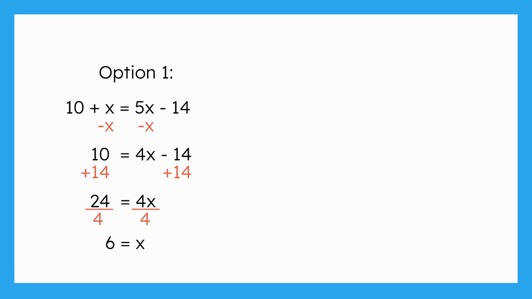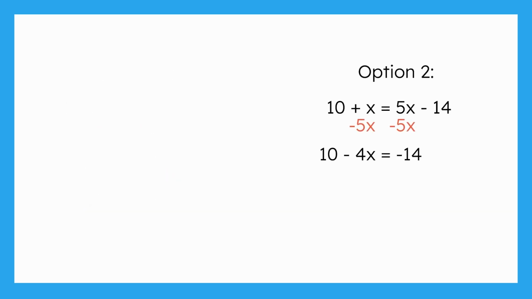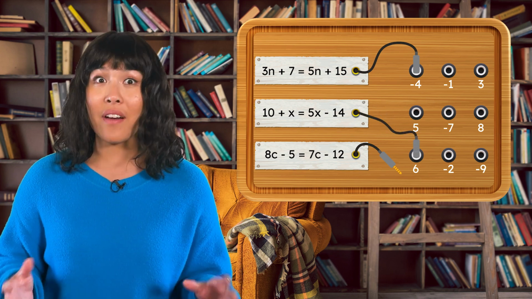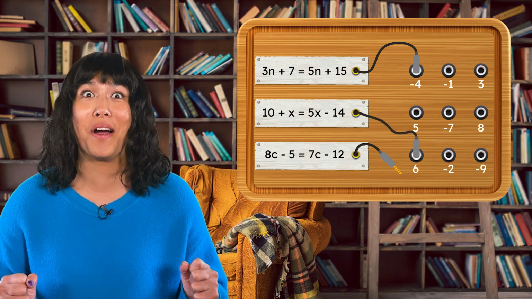If you subtracted 5x from both sides and were working with this equation, then you will have seen that x is being multiplied by negative 4 and then being added by positive 10. To isolate it, we would have subtracted 10 from both sides and then divided both sides by negative 4 to get x equals 6. I'll connect this second equation to 6, and now we have just one more problem to go.